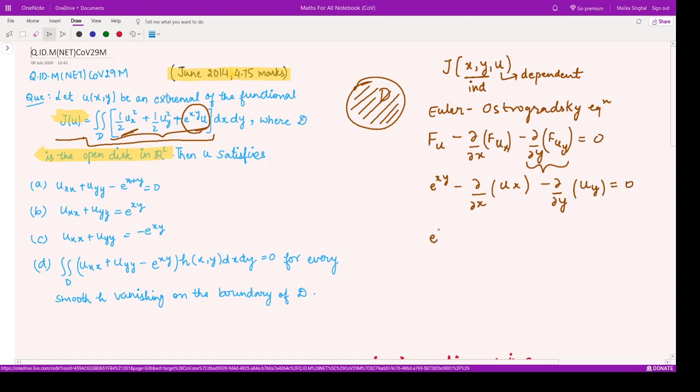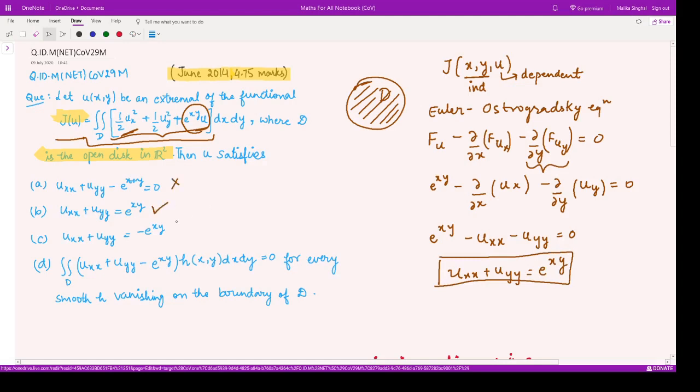So we have e to the power xy minus uxx, the double derivative of u with respect to x, minus uyy is equivalent to 0. So we have uxx plus uyy is equivalent to e to the power xy. So corresponding to this extremal, option B is the right option, right?